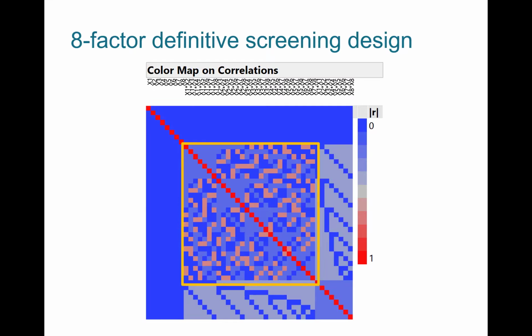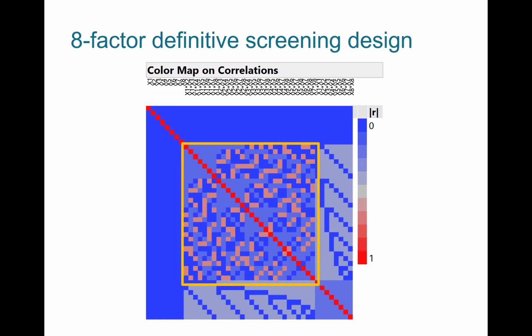The central part of the color map in a definitive screening design is far from blue. And for this particular definitive screening design, you can see some pretty dark pink, meaning that there's quite a lot of correlation between the interaction effects when you execute this particular definitive screening design here.